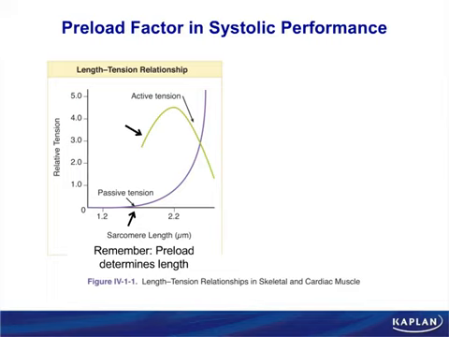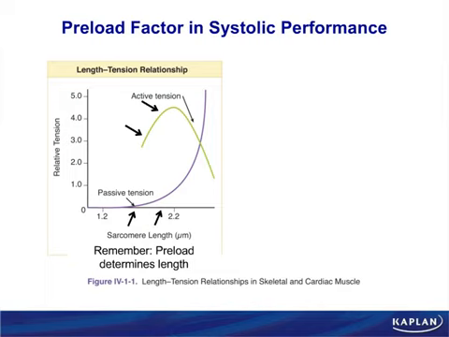All right, quick review from skeletal muscle on the left is our length-tension relationship. On the x-axis is sarcomere length, or preload. Remember, preload determines length. On the y-axis is tension. We have two different curves, but the one we're very interested in is the active tension curve. But notice the arrows: if I'm at a certain level of preload, I have a certain length, and I get a certain level of active tension.